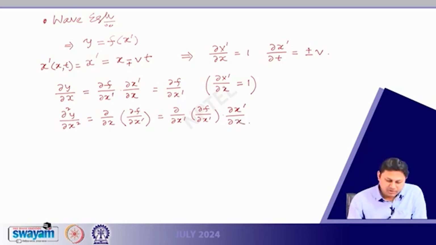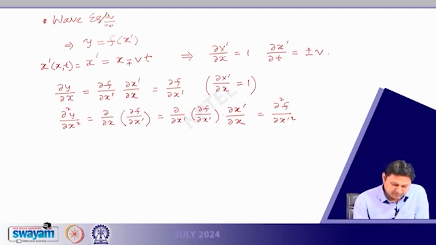Again, this quantity is 1, so we will have something like del 2f del x prime square, which is equal to d2y dx square. So this is my one result.